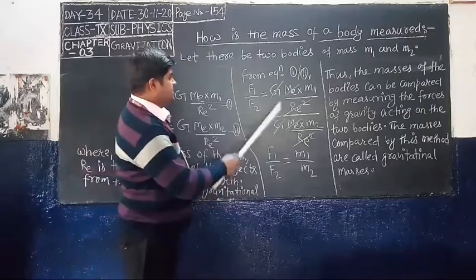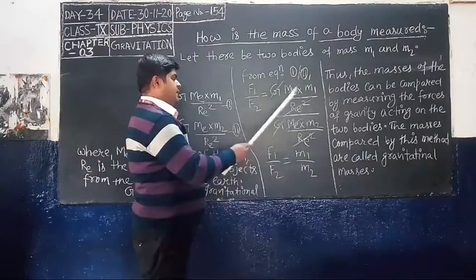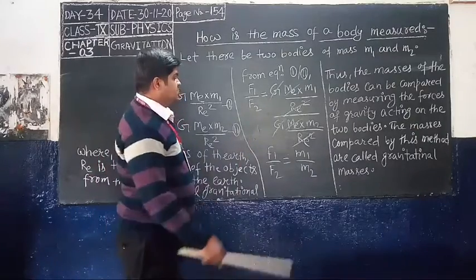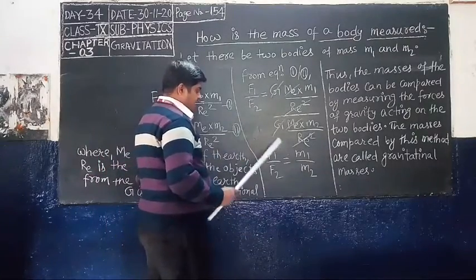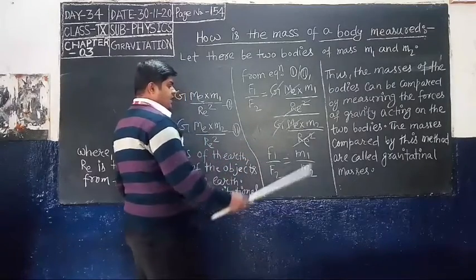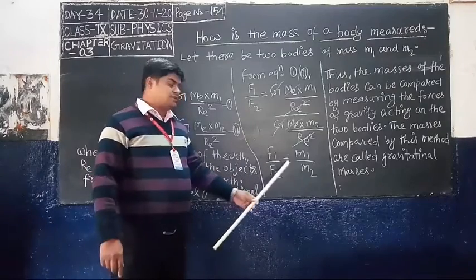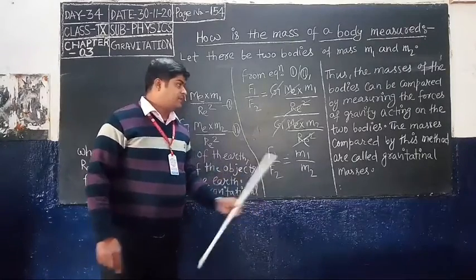G cancels out, Me cancels out, Re square by Re square cancels out. So F1 by F2 is equal to m1 by m2.